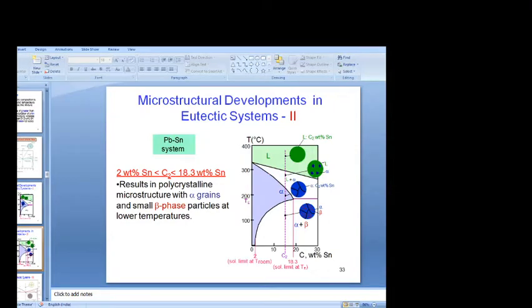So that particular microstructure development leading to the composition is showing how the microstructural developments are taking place.